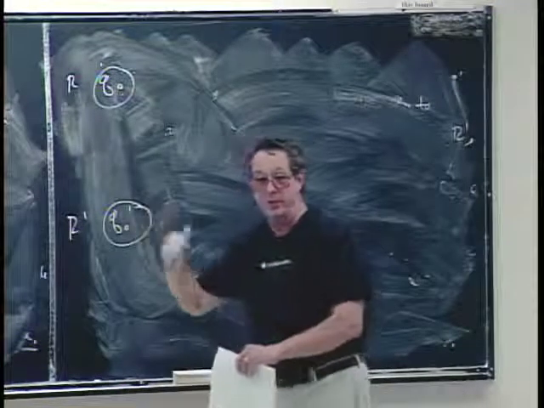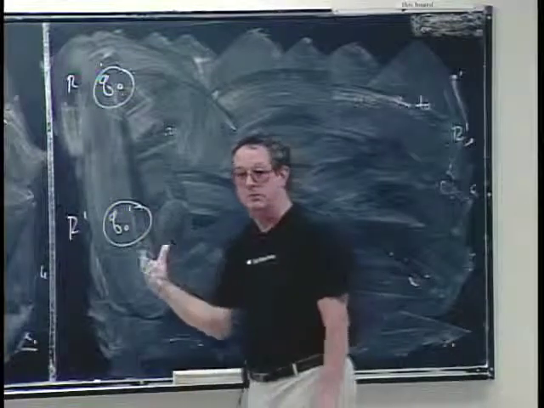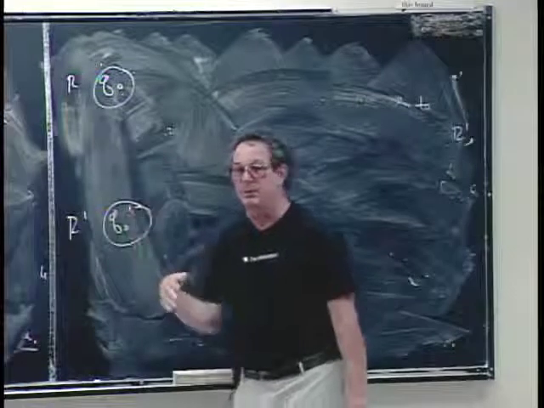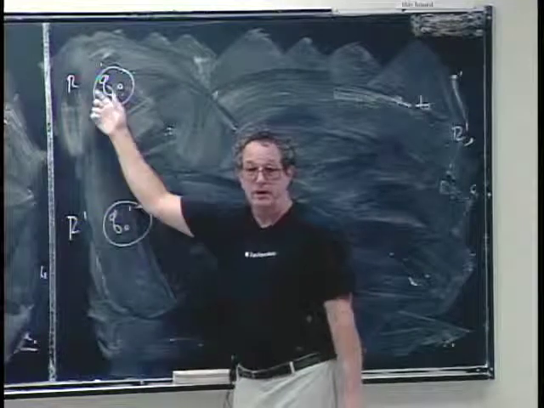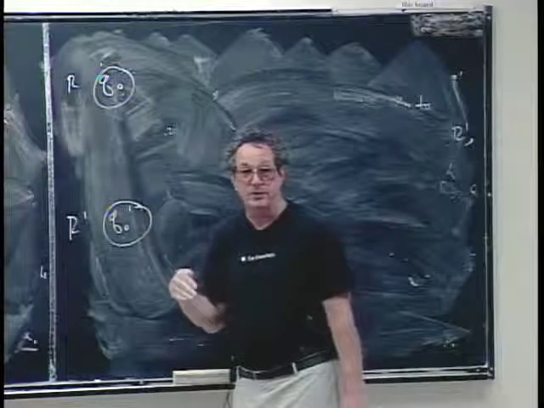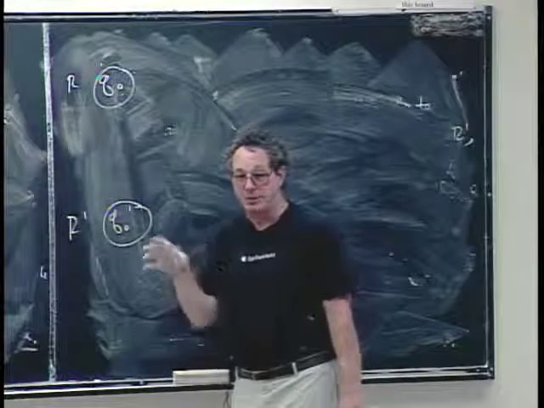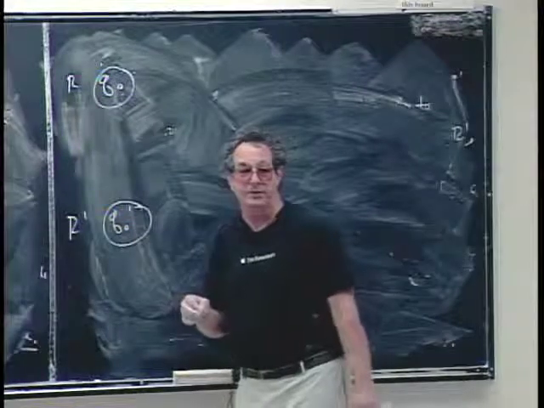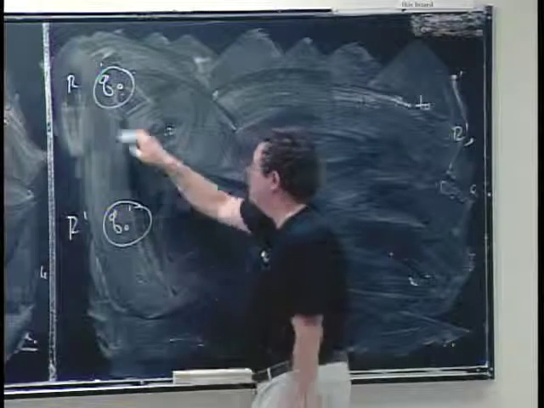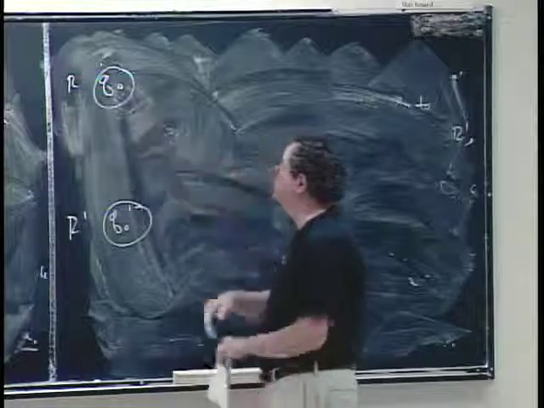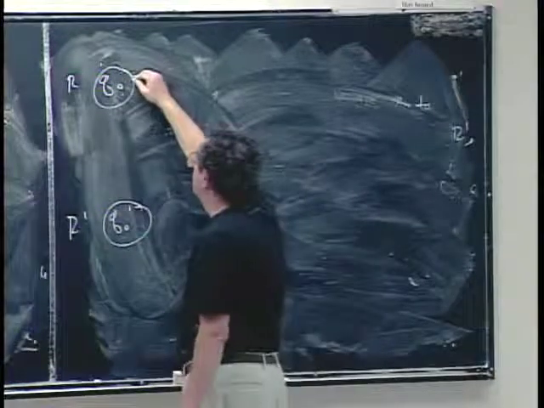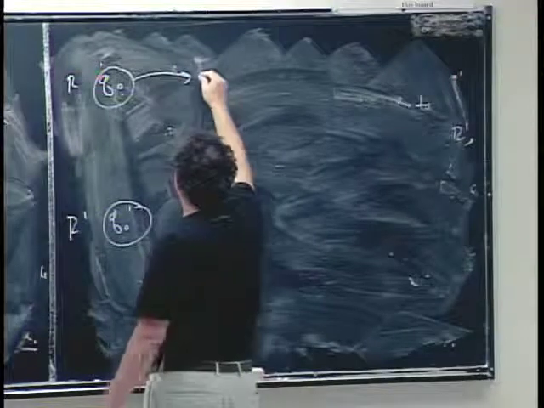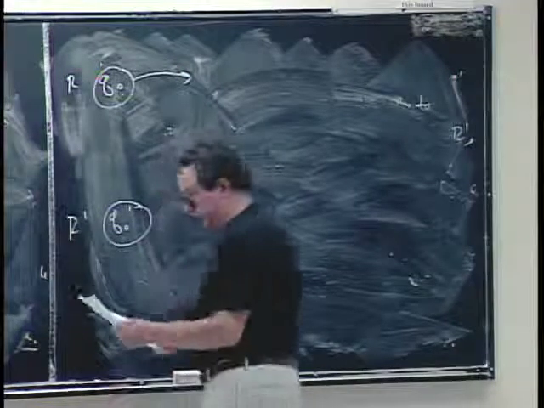Because in order to show that R and R prime are identical, I'm going to show you a mapping between states of R and R prime and a mapping between edges of R and R prime, which preserves the structure, makes it clear that those two different DFAs are in fact identical. So here we started with this mapping of states, but we'll see in a minute how I'm going to map the edges.